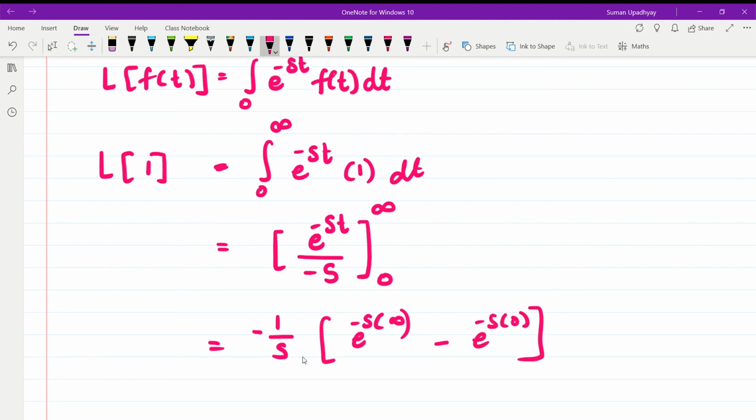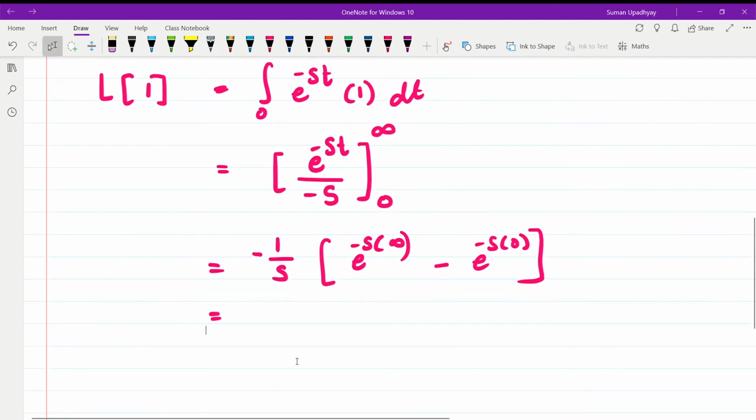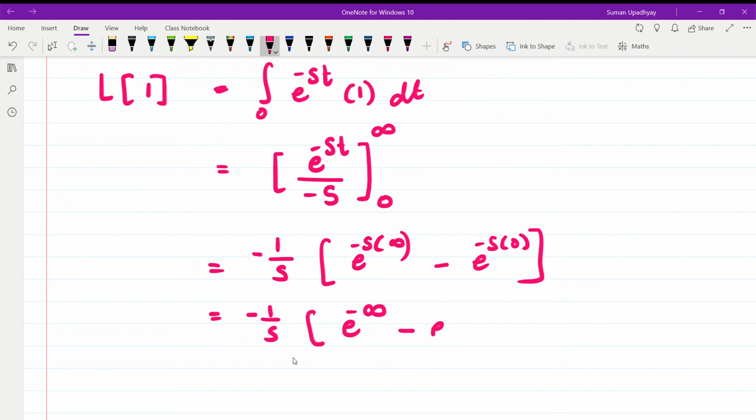Alright. Next, what I am going to get is minus 1 upon s, and here it will become e raised to minus infinity minus e raised to 0. Now we know that e raised to minus infinity can be written as 1 upon e raised to infinity. E raised to infinity is a very big number, so this is going to be 0.